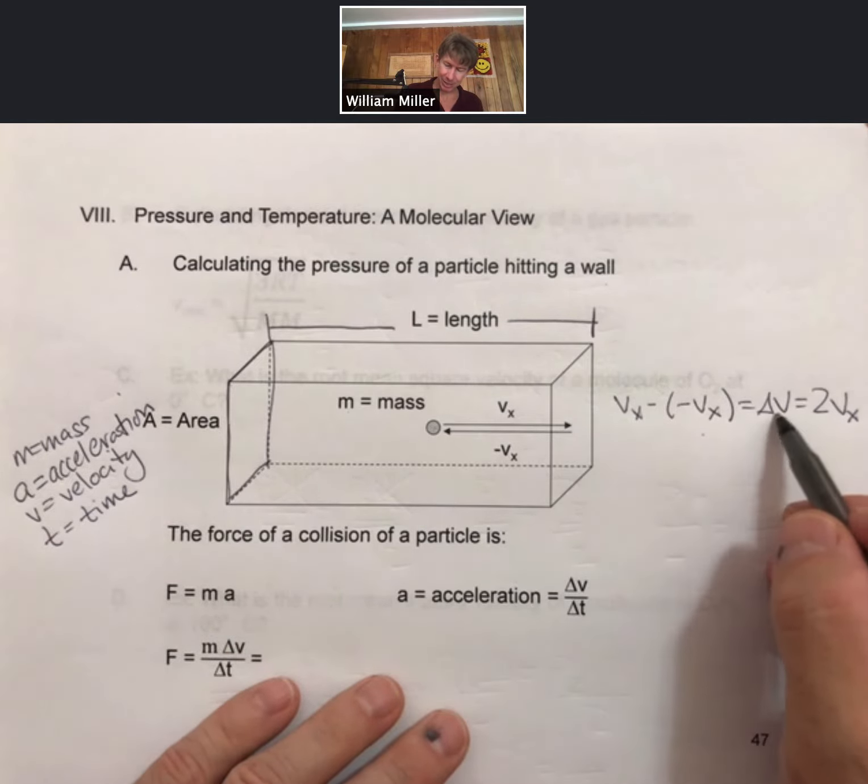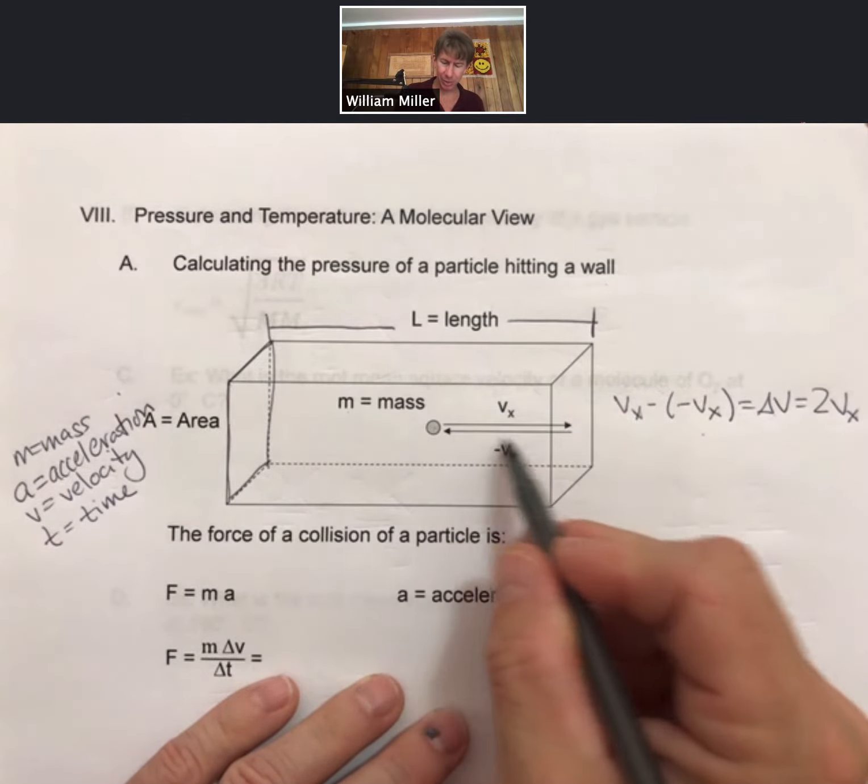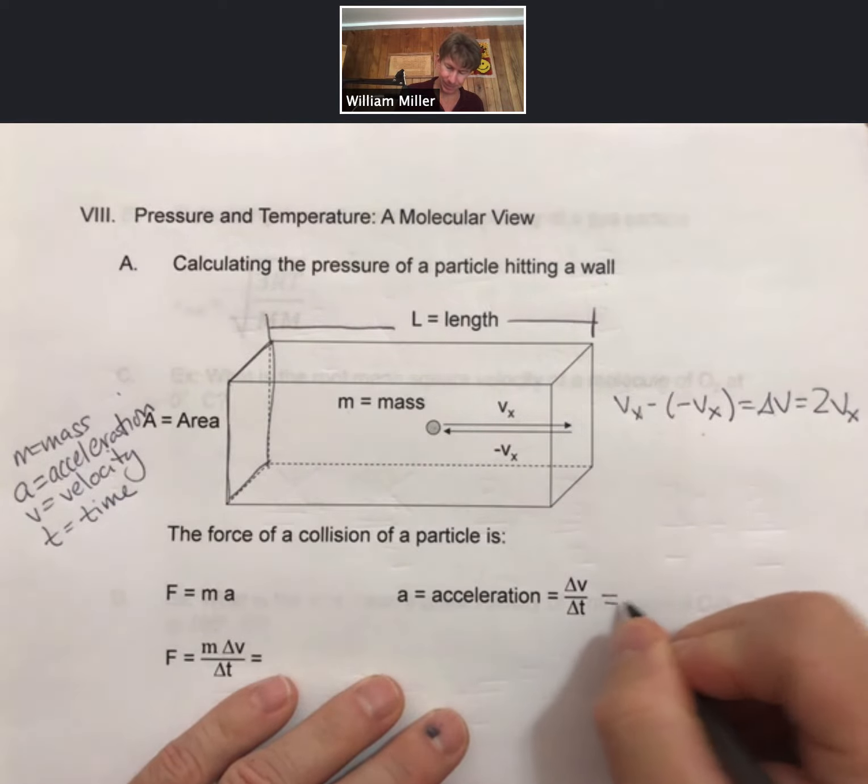That's going to be delta v, the change in velocity of the particle when there is a collision.